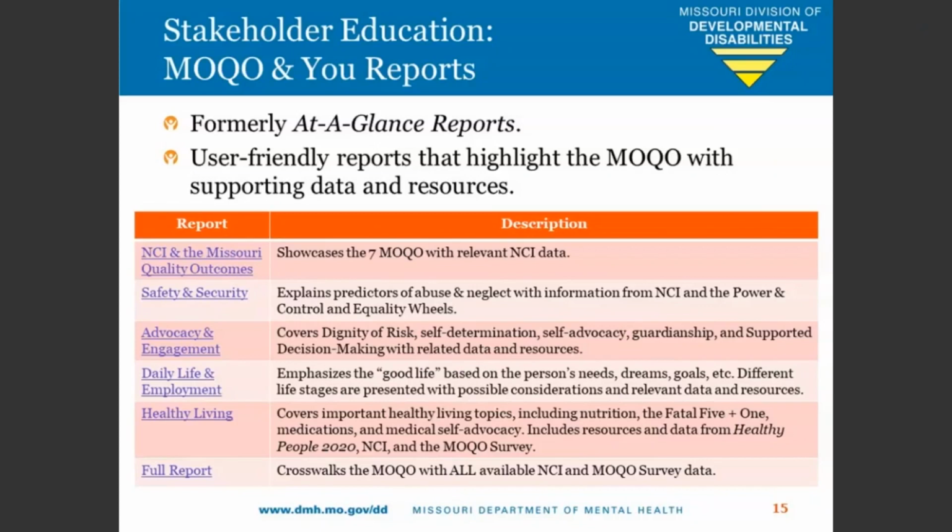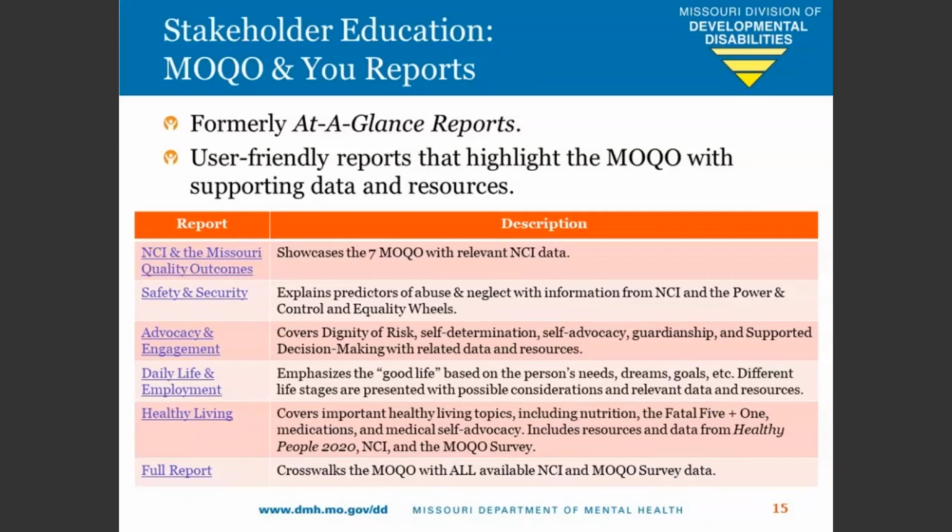It provides some examples, through the power and control and equality wheels, of what abuse and neglect situations might look like and how behaviors need to be changed to promote a more equal relationship between caregivers and individuals.